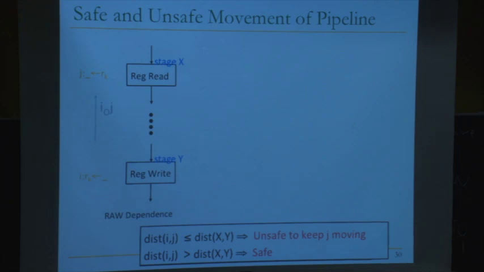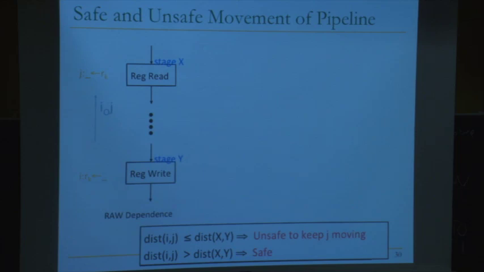Essentially, that's what the compiler does. The compiler determines the distance in terms of the stages between the register write and register read stage. And it tries to move the instructions that are dependent such that their distances in the instruction stream is greater than the distance between the register write and register read stages.